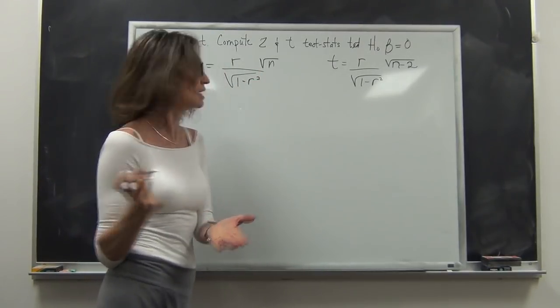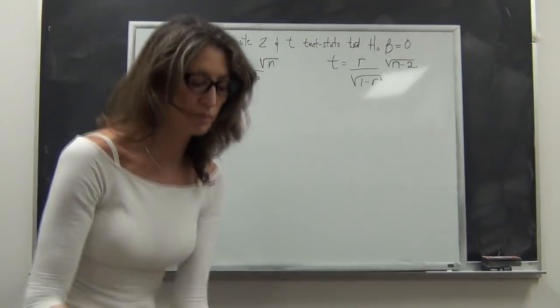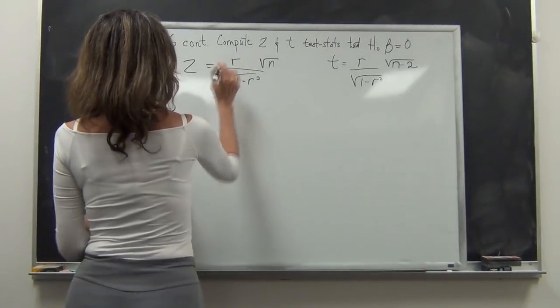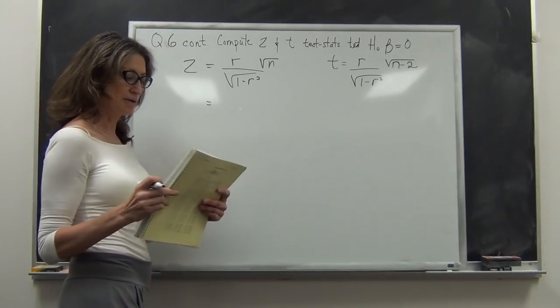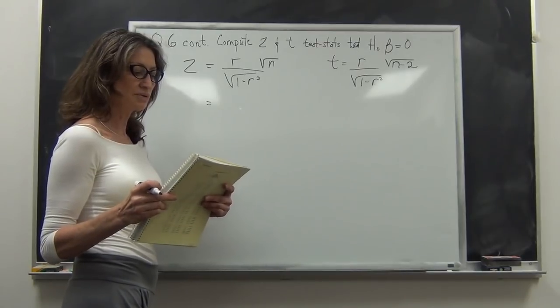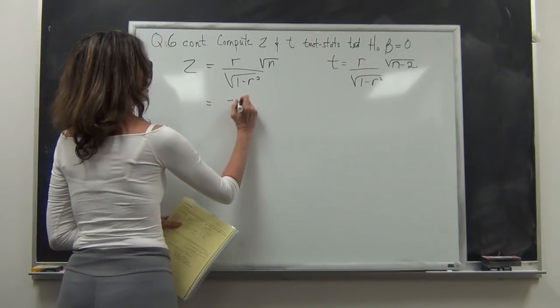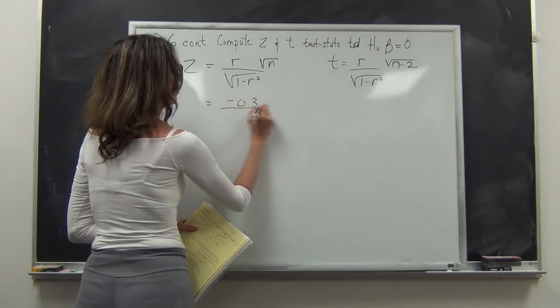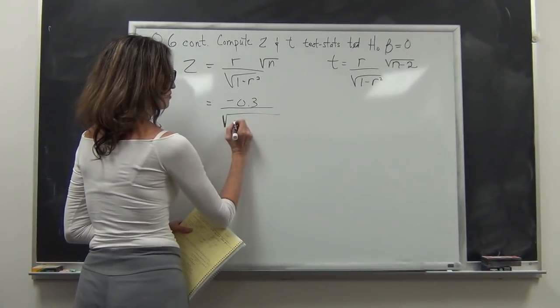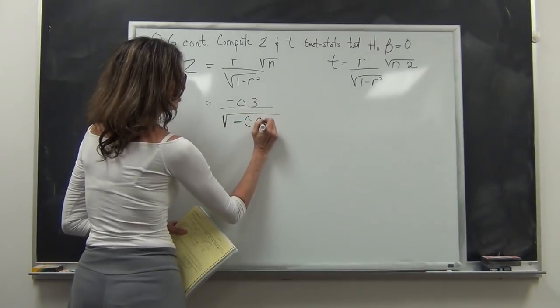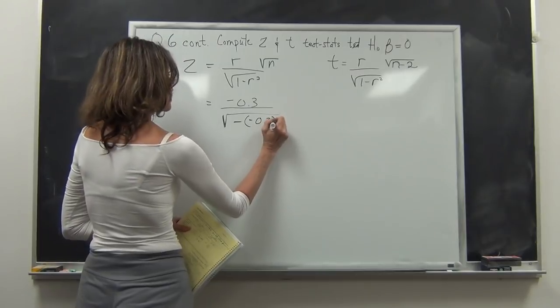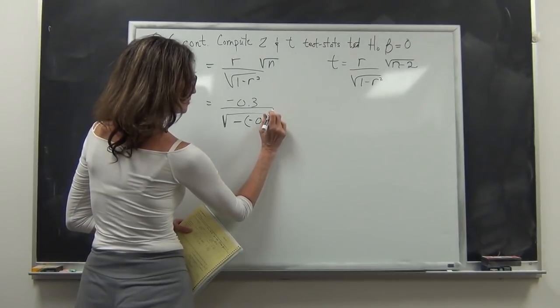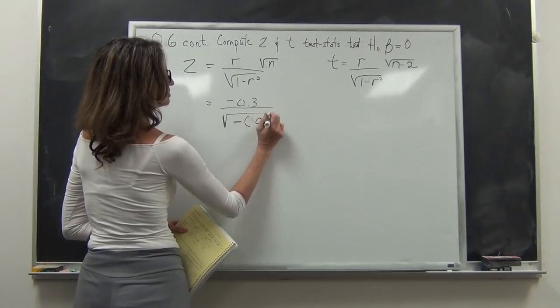So n was, let's remember what it was. r is equal to, it's the same problem as before. r was equal to negative 0.3. So you have negative 0.3 over the square root of 1 minus negative 0.3 squared. You don't have to worry, it's going to be squared.